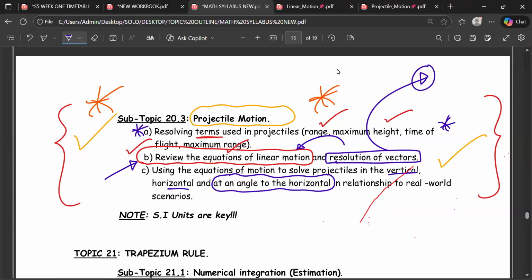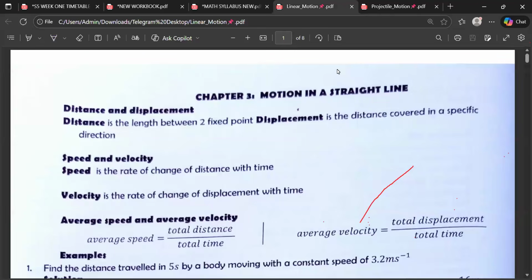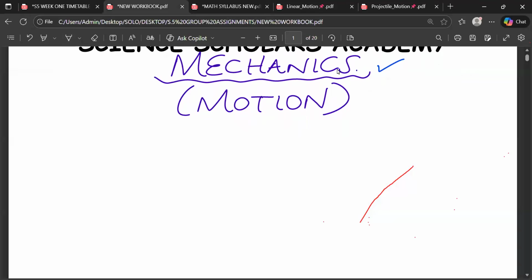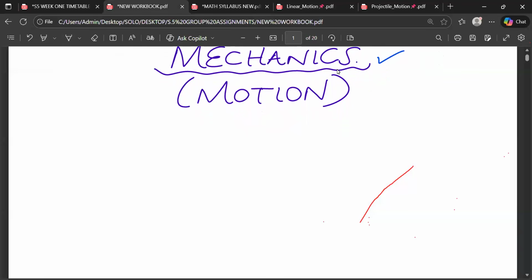So the next lesson will be on projectile motion, where we shall talk about vertical projection, where we shall talk about horizontal projection, and also about projecting things at an angle. So it will be easy for us. So I hope people have understood why I want to teach linear motion for today, and then other things will follow. Okay.